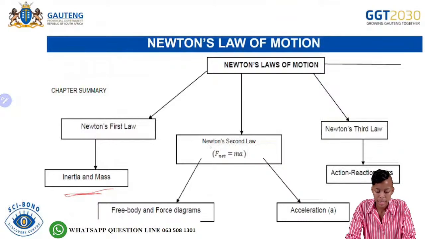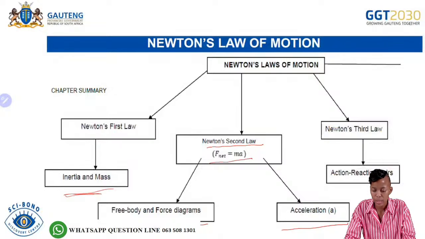Then under Newton's second law, we used the formula F net equals ma, and we covered free body and force diagrams. And we also covered acceleration.